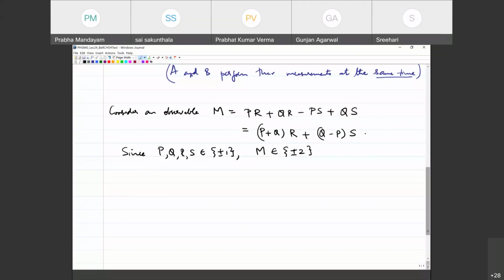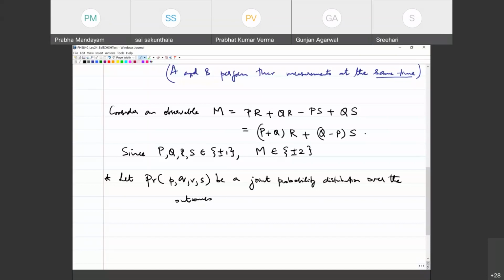Okay, so now let's assume that this is a probabilistic theory. So let little p(pqrs), okay, be a joint probability distribution over the outcomes pqrs.